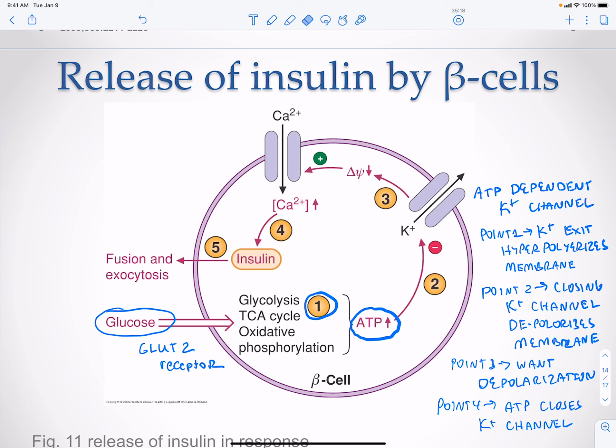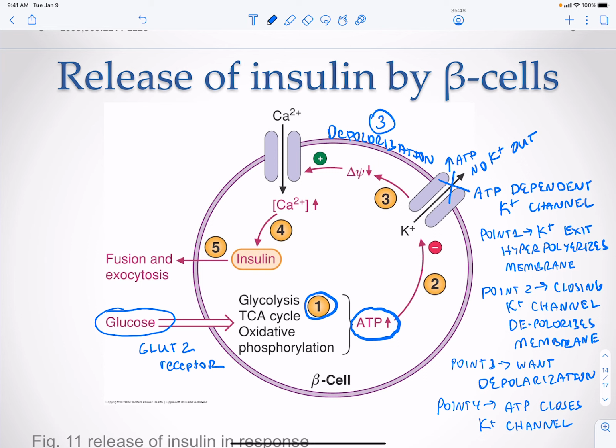Okay, and so what basically that means is that you are going to inhibit the potassium channel. Okay, and so an increase of ATP is going to block it. So let's put it here. Increase ATP shuts down the channel. And then in 3, you have a depolarization. This is step 3.